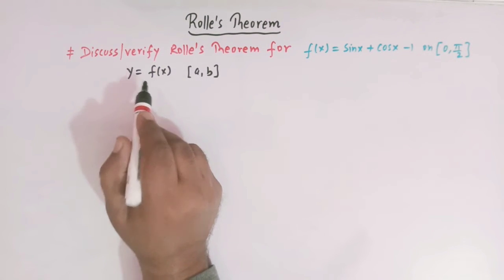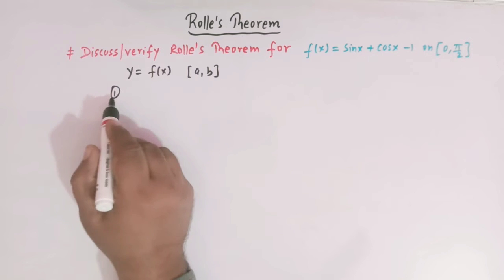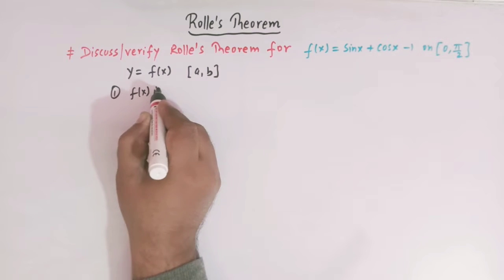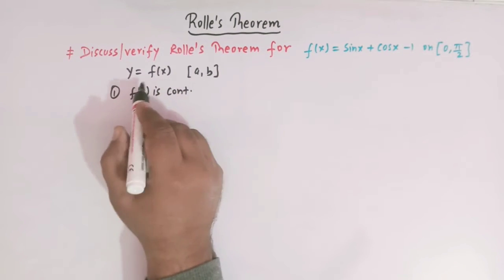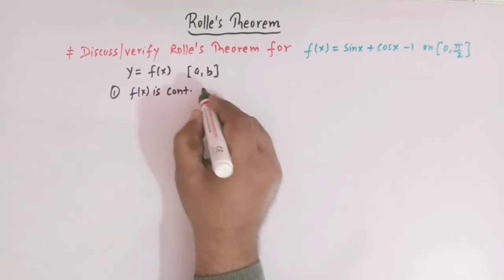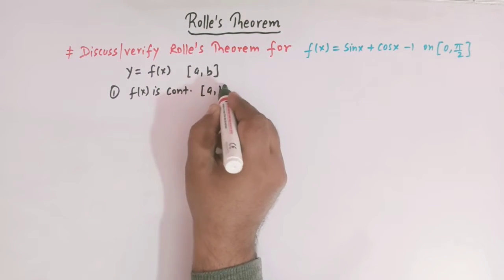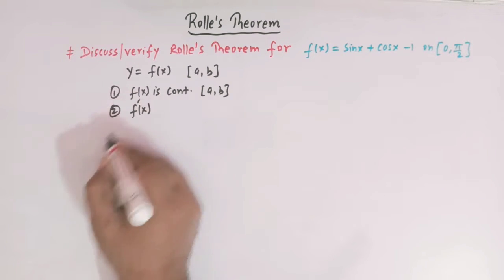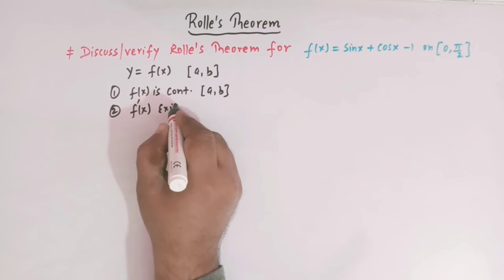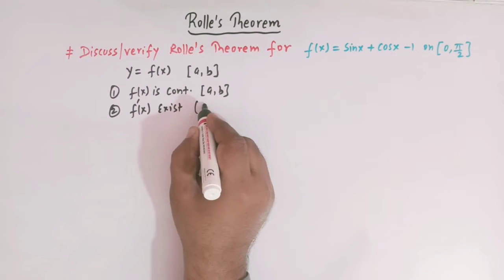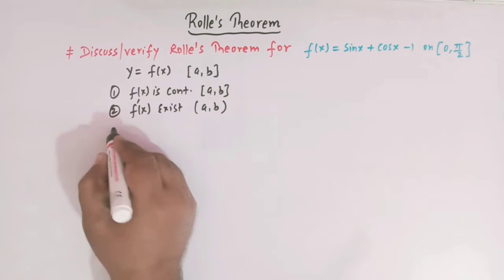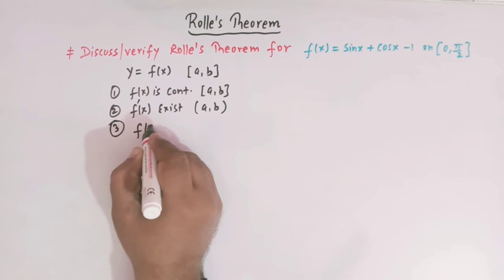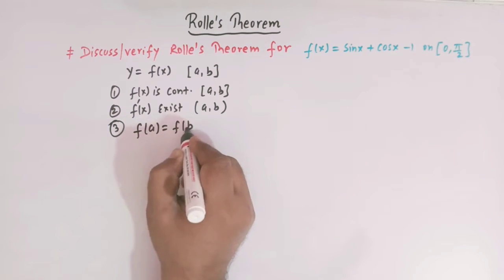The first condition is that this function f of x is continuous in the interval a comma b, and the second is that this function is derivable, that is f prime of x exists in the open interval a comma b, and the third condition is that f of a is equal to f of b.